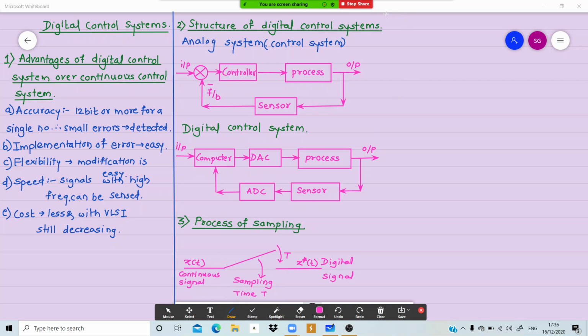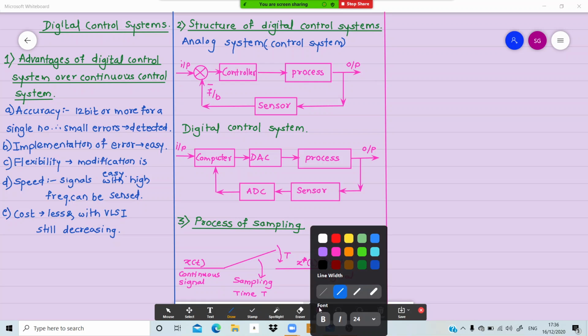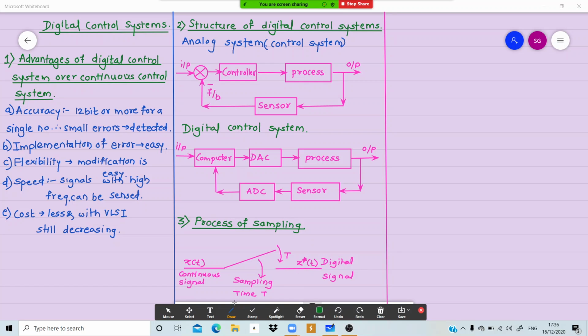Now we'll see how mathematically we can put all these things. Just like we did it for continuous signal, we had Laplace transform and all those things, and we tried to write it in S domain, on the same line what it should be, to convert this digital signal, which is in time domain.